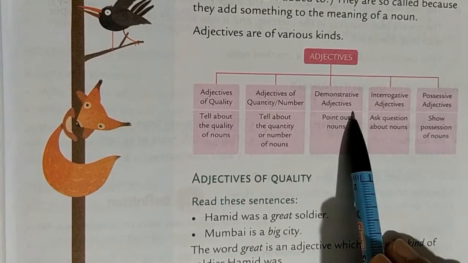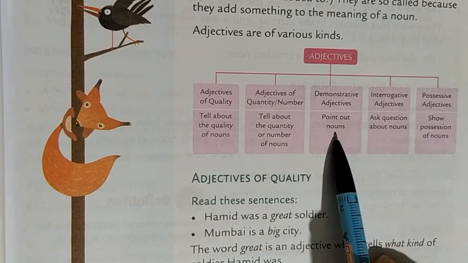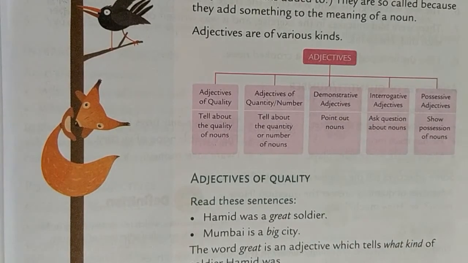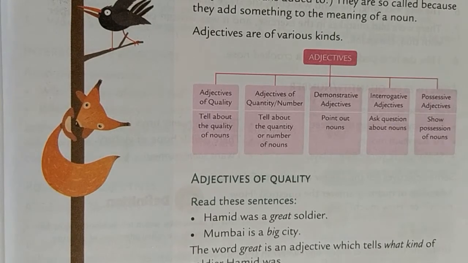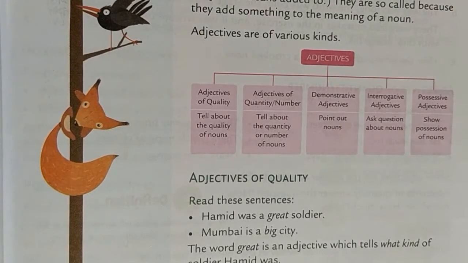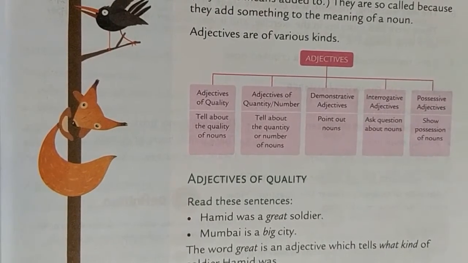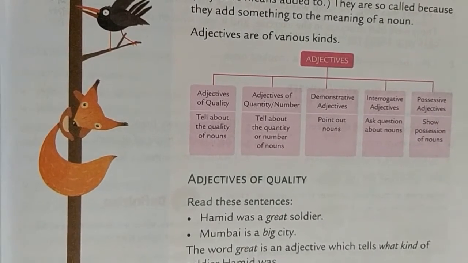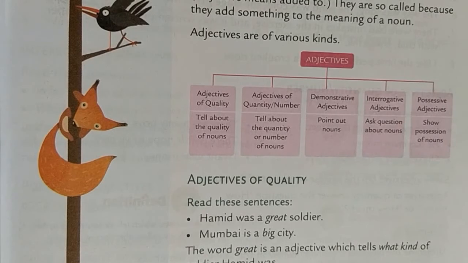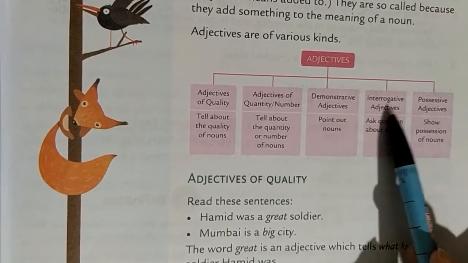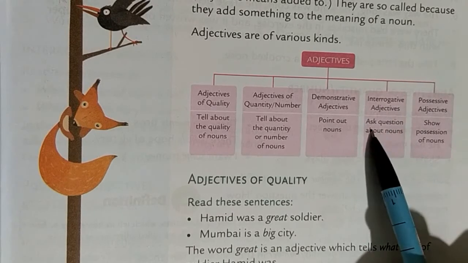Demonstrative adjectives point out nouns. It demonstrates, it points out a particular noun in the sentence, showing that this particular noun is here or it is there. Then interrogative adjective, it's very easy.